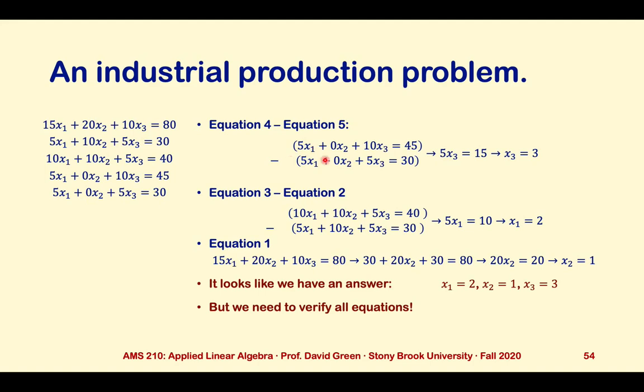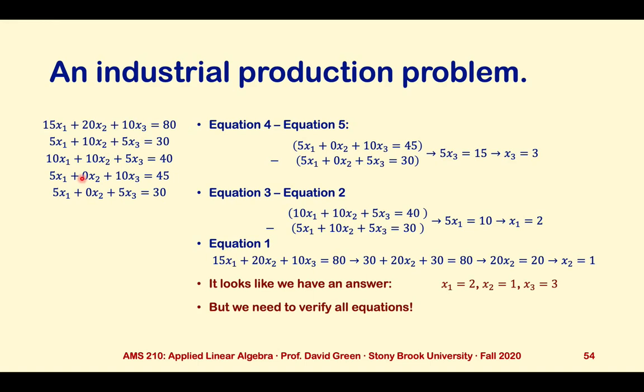Equation 4 minus equation 5 makes the first piece disappear because they have the same coefficient. So 5x1 minus 5x1 is of course 0. 0x2 minus 0x2 is also 0, leaving us only 10x3 minus 5x3, which is 5x3 on the left, and 15 minus 30 is 15 on the right-hand side. This tells us that x3 must be 3.